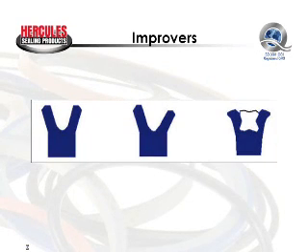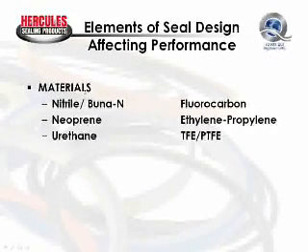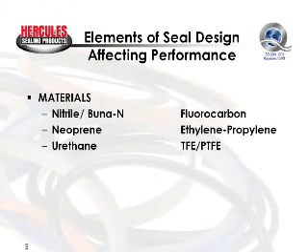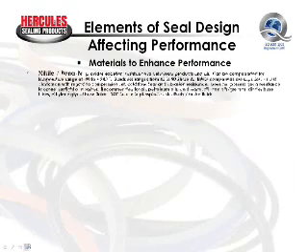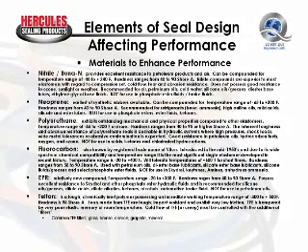Now, another element of design is the type of material from which the seal is manufactured. These are very common types of materials that you encounter in most hydraulic seals. Here we see a brief description of each of these types of seal compounds. This same information can be found in our seal catalog on page 344.